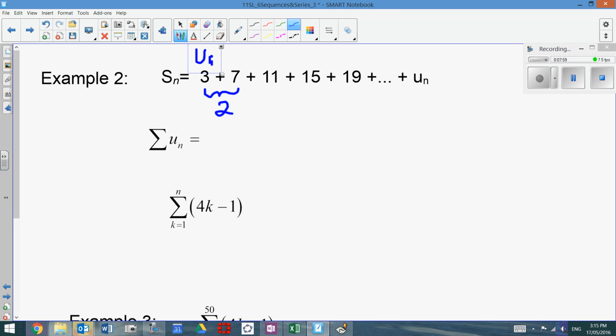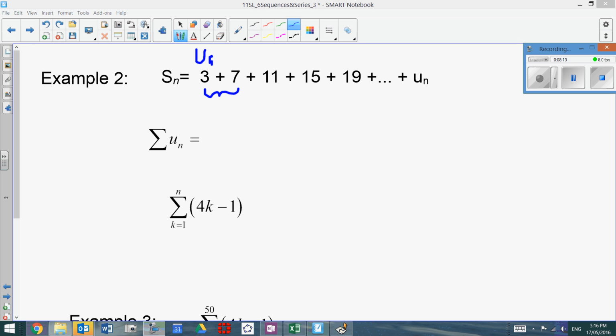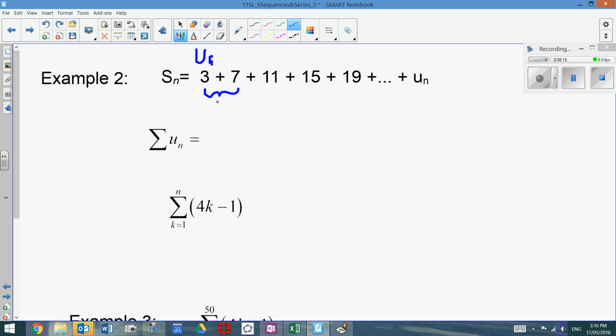So if I were to write this exact same series using the sigma notation, I'm looking at my very first term being adding 4 to my previous number. So already you guys can tell that your first term is 3. We have a common difference of 4.